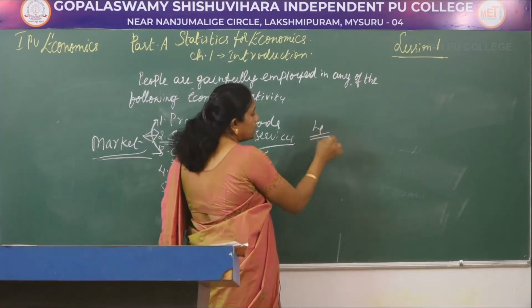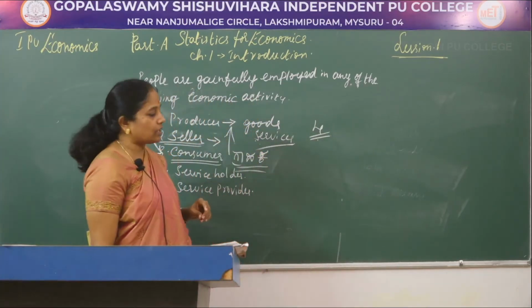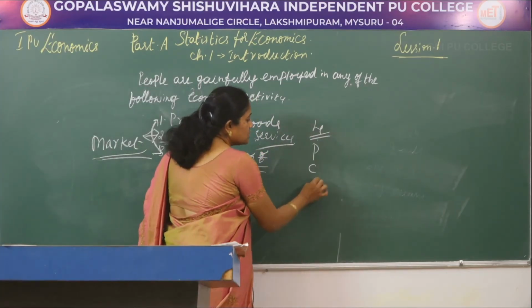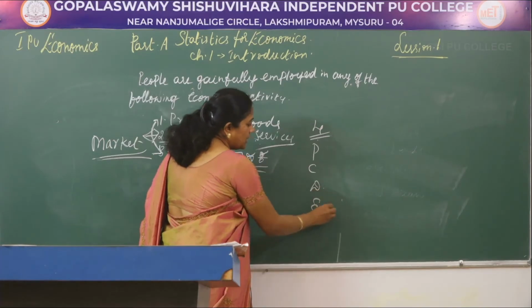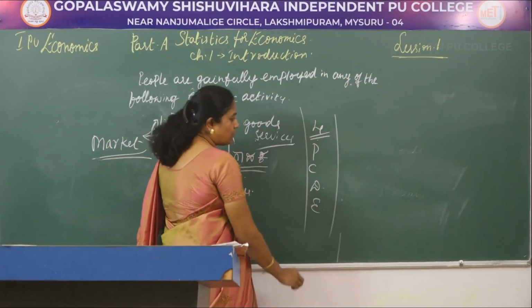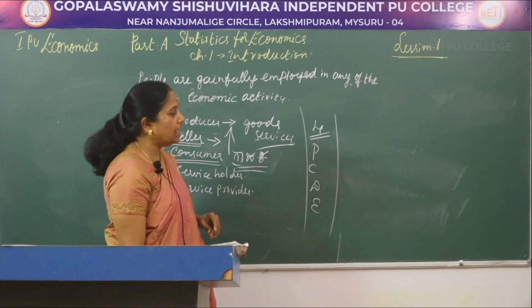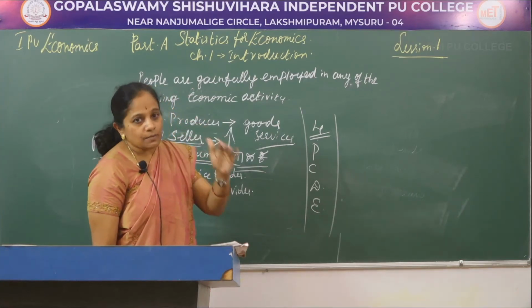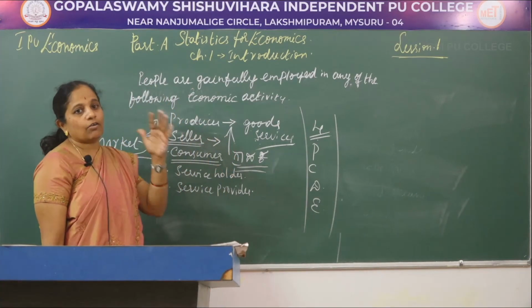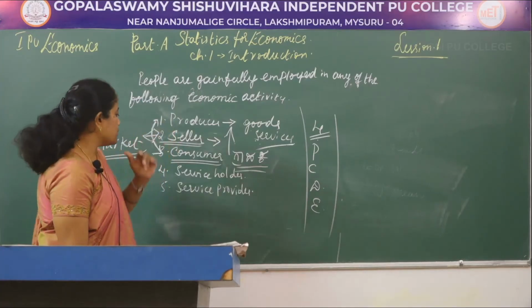As you all know, majorly there are four economic activities: production, consumption, distribution and exchange, and these four activities are undertaken by the production sector, consumption sector, the government sector as well as net exports.